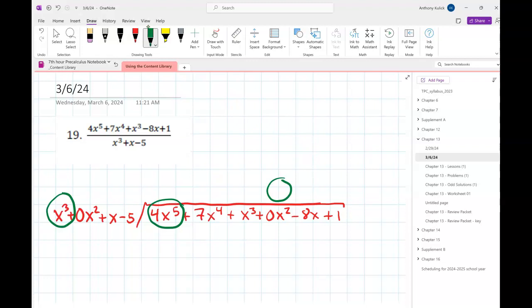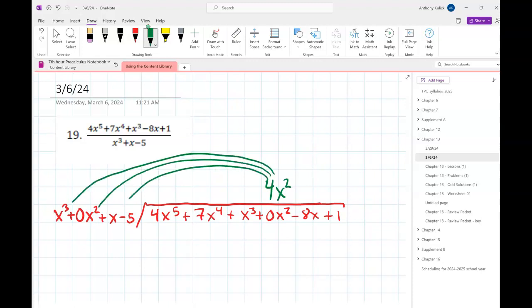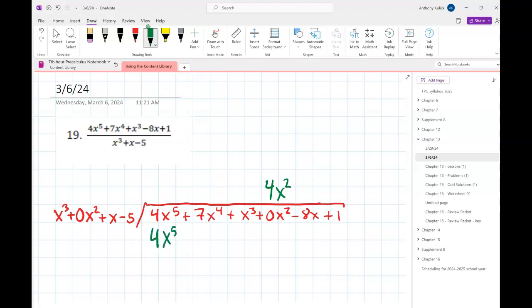Everybody agree? So this number needs to be 4x squared. Once I've decided that, that's going to multiply to everything in the divisor. And then I'm going to write that number underneath.